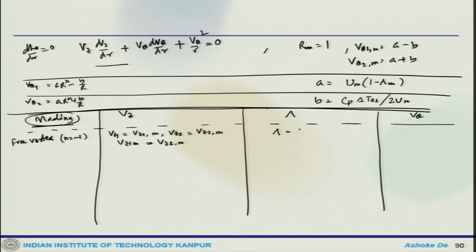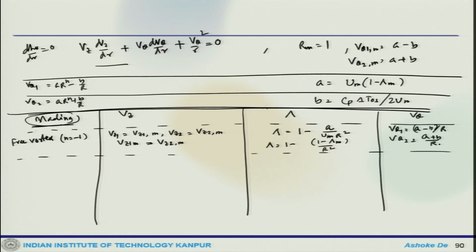So, degrees of reaction would be 1 minus A by u m r square, 1 minus xi m by r square, and V theta 1 is A minus B by r, V theta 2 is A plus B by r.